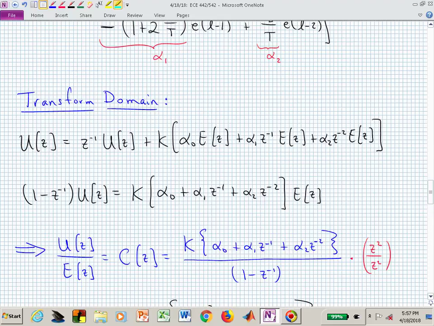Now I want to convert that into positive powers of z instead of delayed versions, or z to the minus 1s. I'm going to now multiply numerator and denominator by z squared and clear the z to the minus 1 terms.